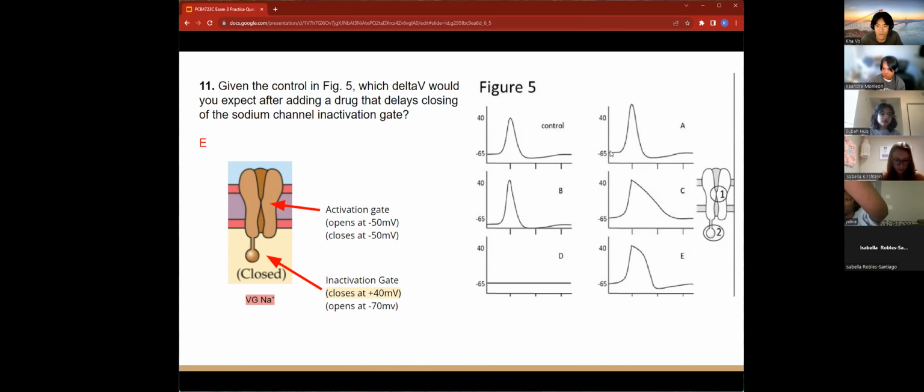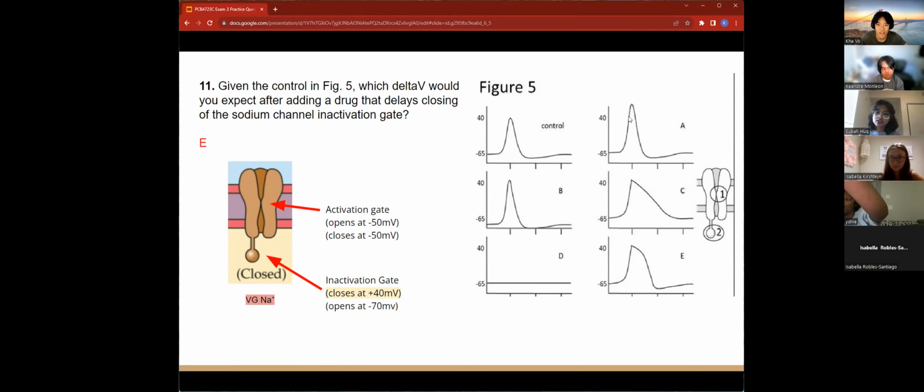And so now let's look at all of our choices. A lot of you guys picked A, most of you guys picked A. And so you guys picked it because the thing is higher. So what you should understand is we're delaying the inactivation gate, okay? And if you remember I said earlier in the last question, the Nernst potential for sodium is around 40 or just a little bit higher.